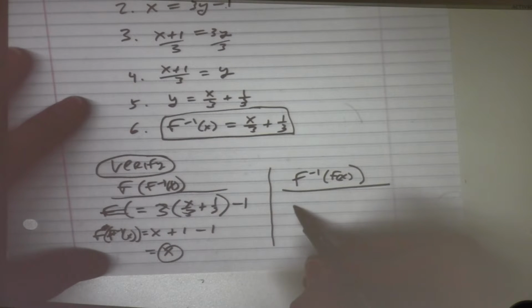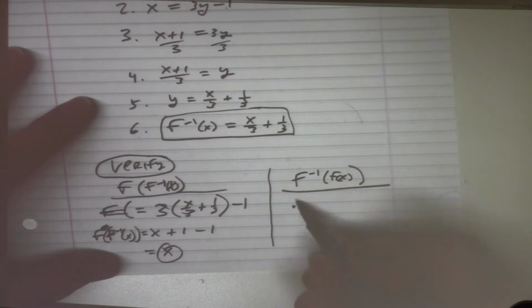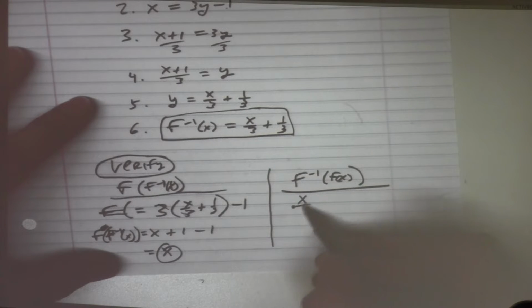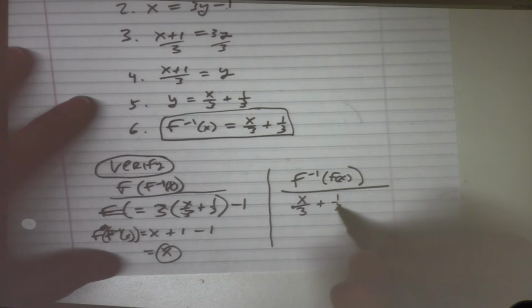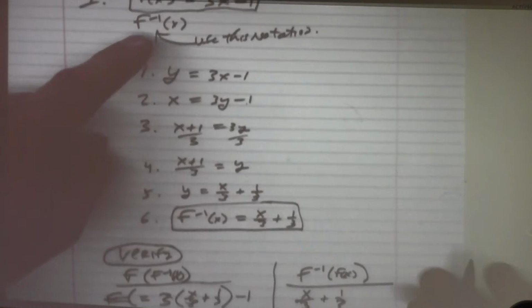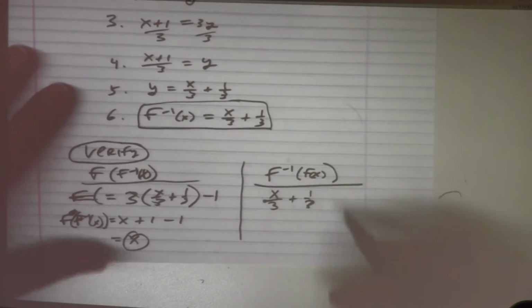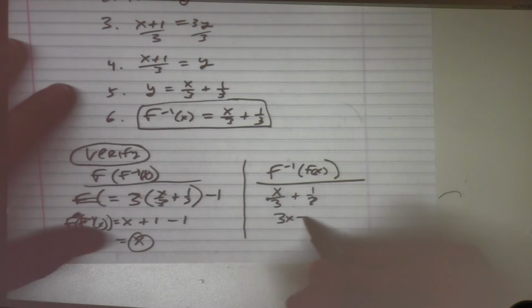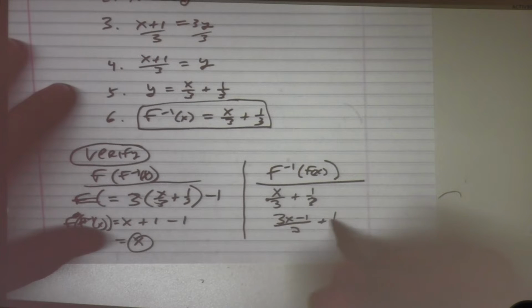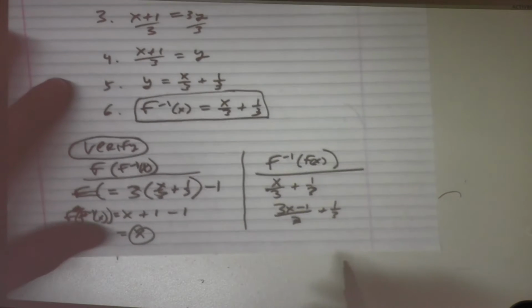So now I'm going to do the same thing here. I'm going to use this one, x over 3 plus 1 over 3. I have to take the original function and put it inside here, and let's see if it also equals x. So I'm going to have (3x minus 1) over 3 plus 1 over 3.